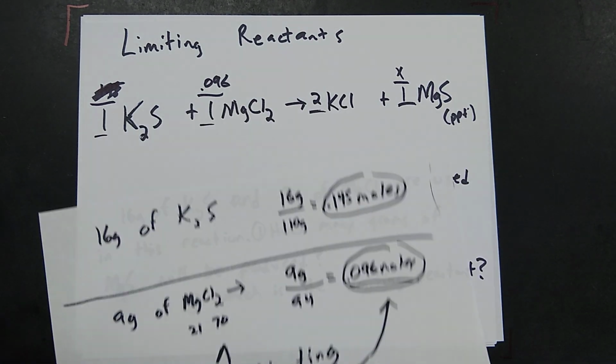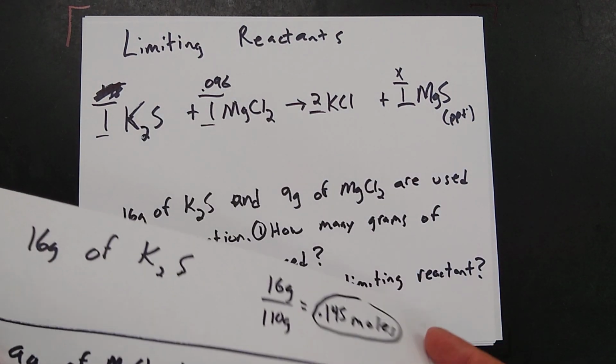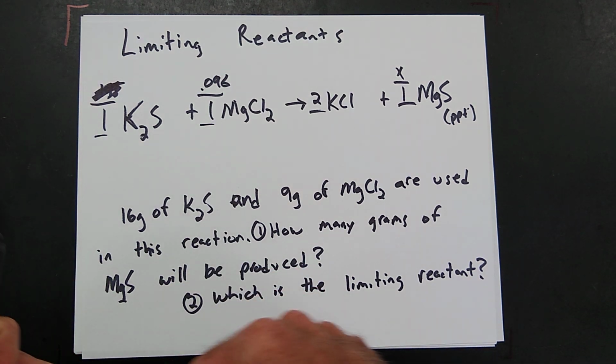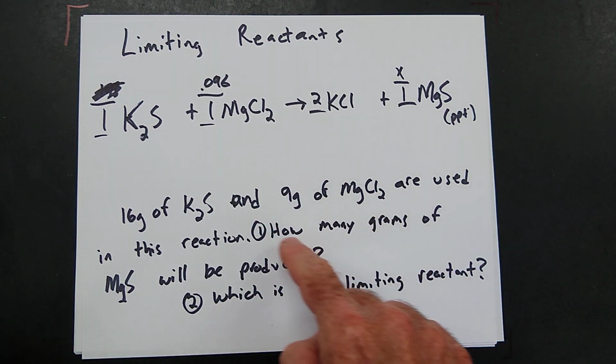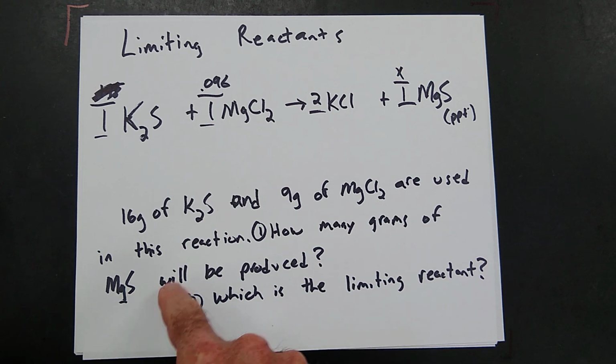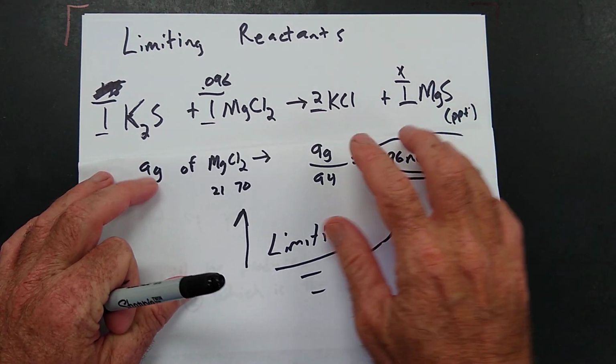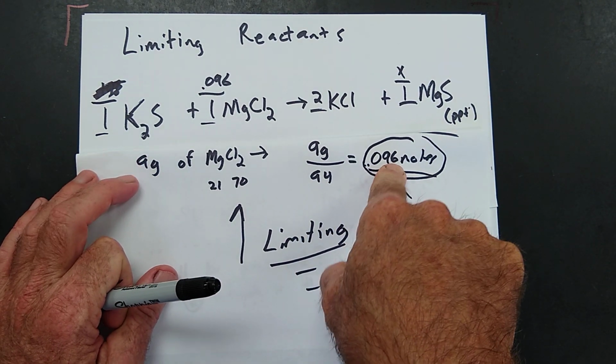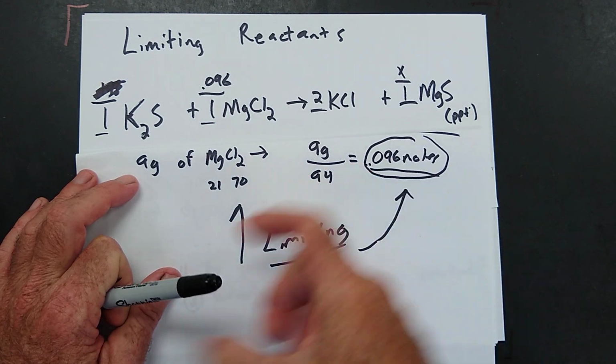All right. Now let's look at the first question. 16 grams of potassium sulfide, all right, and 9 grams of magnesium chloride. How many grams of magnesium sulfide will be produced? Well, since this is the limiting reactant, that's all you're going to get.